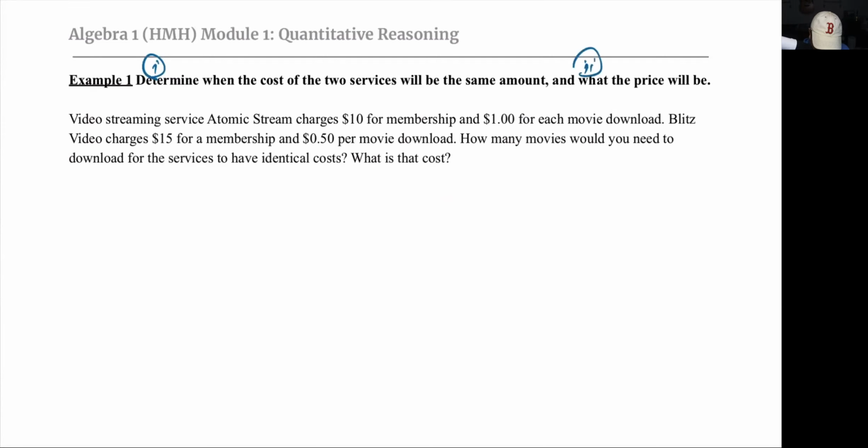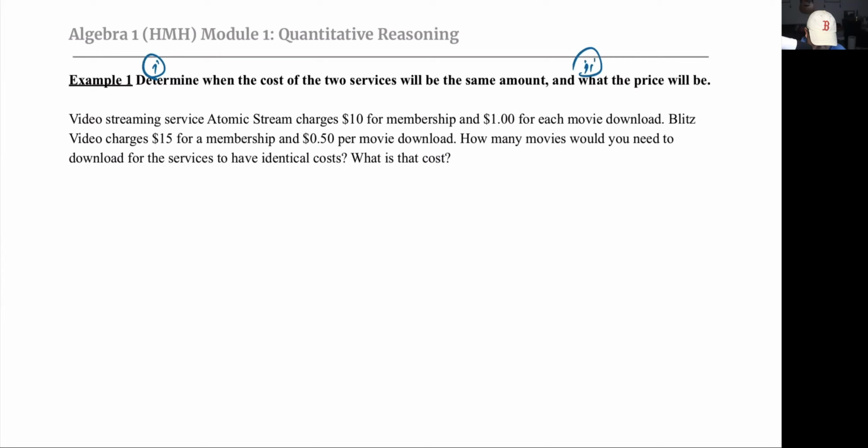A couple of things. But before we do that, we need to do step number 1, which is to find the equation. Let's read the question, guys. The video streaming service called Atomic Stream charges $10 for membership and $1 per movie. Interesting.